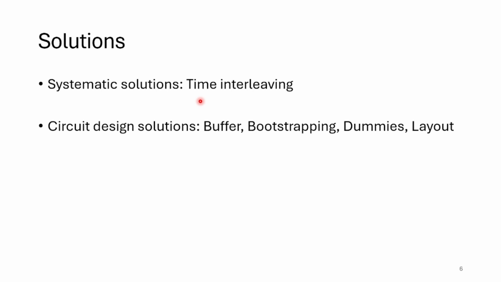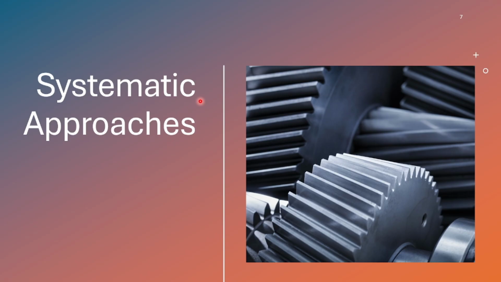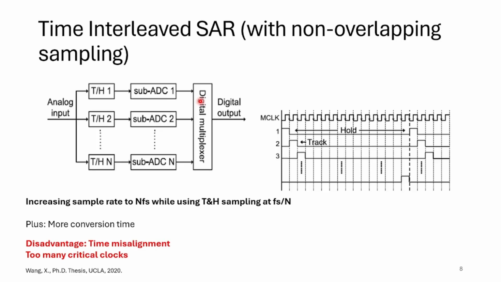In literature, you see two approaches to remove this limitation. One category is systematic solutions, and the other is circuit design solutions. Regarding the systematic approaches, time-interleaved SAR ADCs play a very huge role.